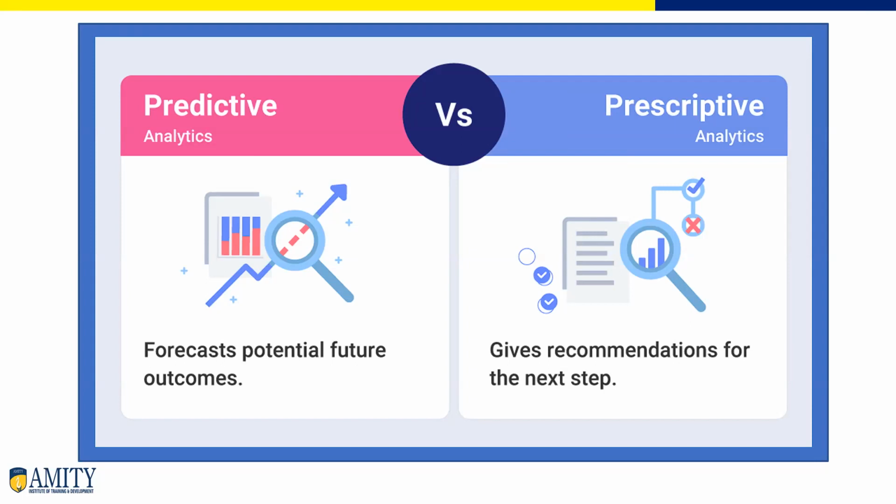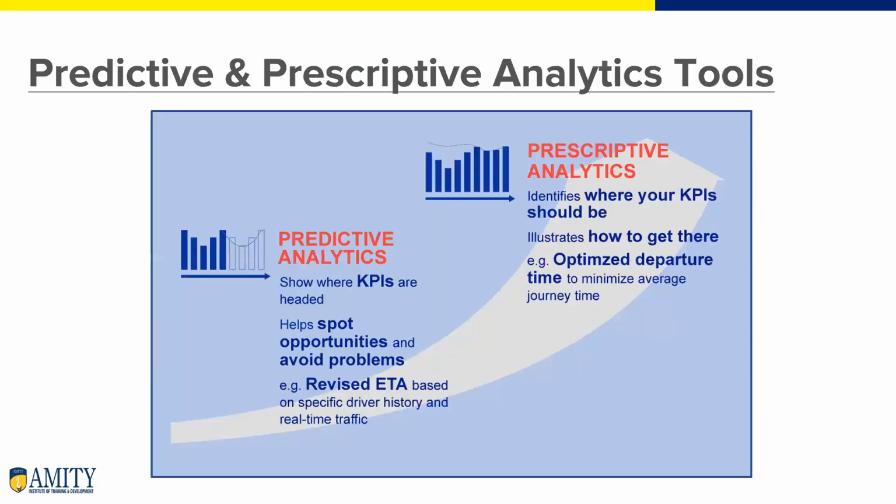So that's the difference as well as the understanding of the two words. For more understanding of what I just said, in the next slide, predictive is where you are seeing KPIs. Remember, yesterday somebody very intelligently gave me that word, key performance indicators.